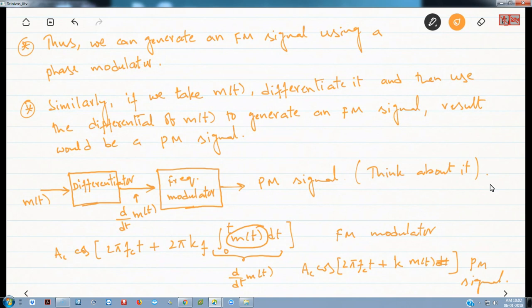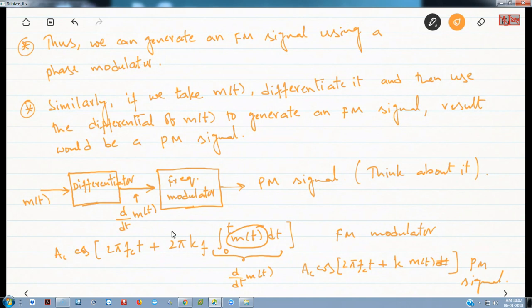All that you need to do is take the baseband signal, differentiate it, and then apply it to a frequency modulator. Similarly, you can obtain a frequency modulated signal using a phase modulator, right? So you should understand these two relations thoroughly.